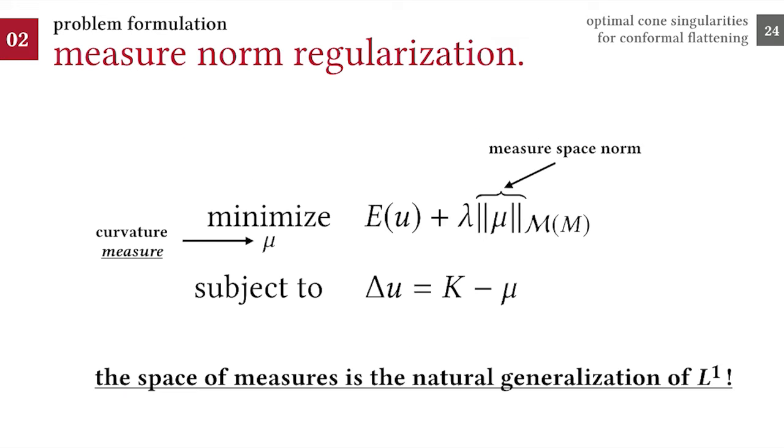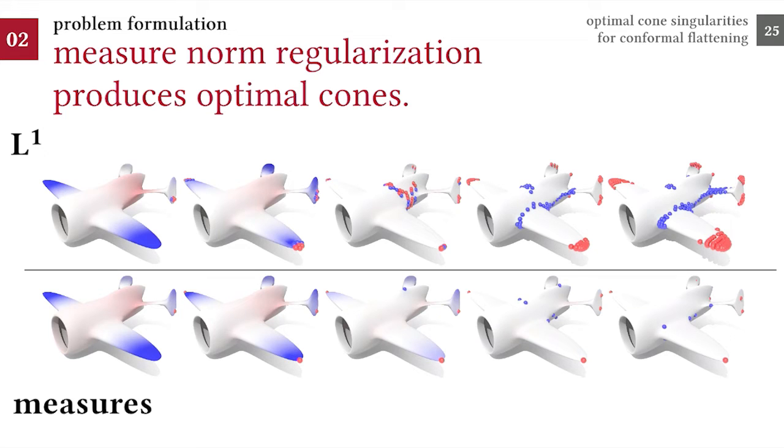Instead, we're going to treat these curvature distributions as measures and replace this L1 norm with this measure space norm. And this is really the natural space to work with since Dirac deltas, which is exactly what we're looking for, live in this space in the smooth setting. And here we see that treating the seemingly superficial difference properly really gives us optimal configurations of cone singularities.